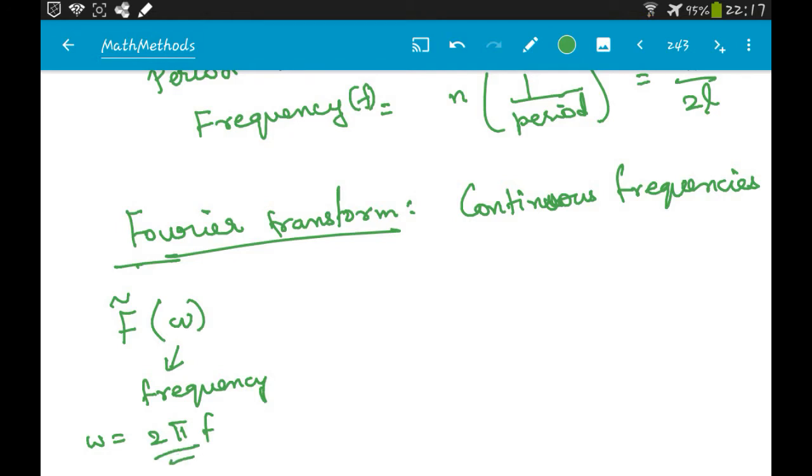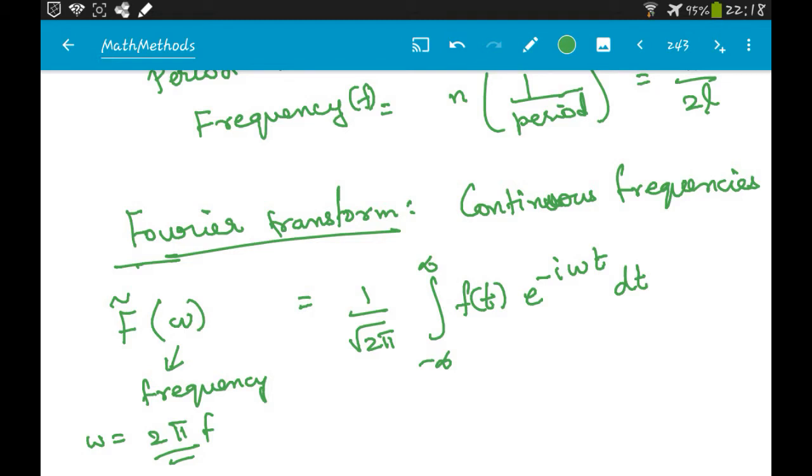So F of omega is nothing but 1 by root of 2 pi integration from minus infinity to infinity of f of t e power minus i omega t dt. Here the integration is over dt, so your function f of t is now represented in terms of F of omega. Now this is a frequency dependent function.